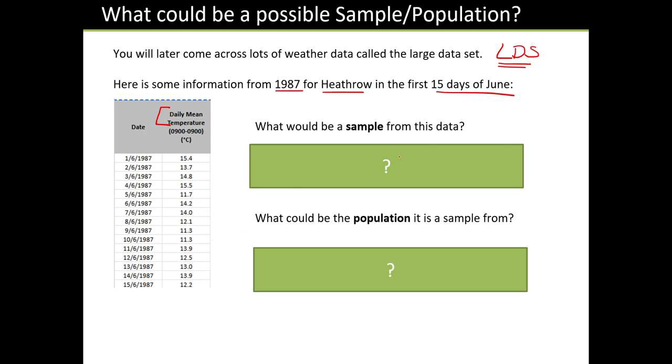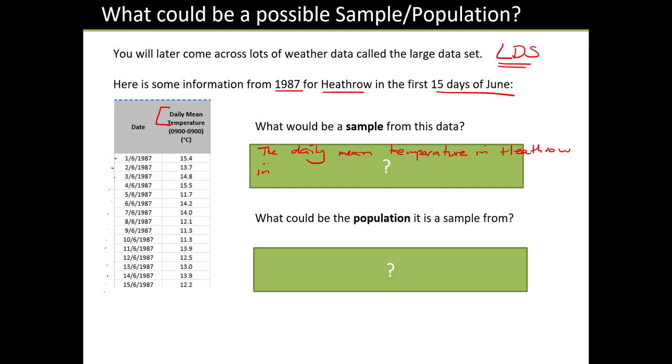So what would be a potential sample from this data? For now, I want you just to pretend that this is the whole population. What would be a sample of this? Well, we could say the daily mean temperature, and yes, we do need to be this specific, so the daily mean temperature in Heathrow in 1987.